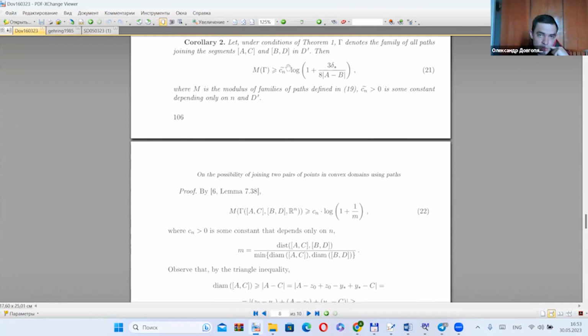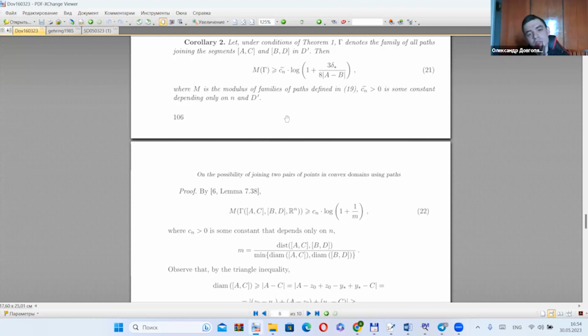Under the conditions of theorem 1, let gamma denote the family of all paths joining the segments AC and BD in D prime. Then inequality 21 is true, where M is the modulus of the family of paths defined in 19, and Cn is some constant depending on n and D prime.